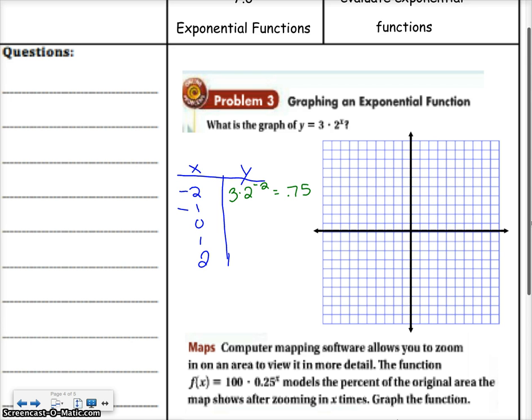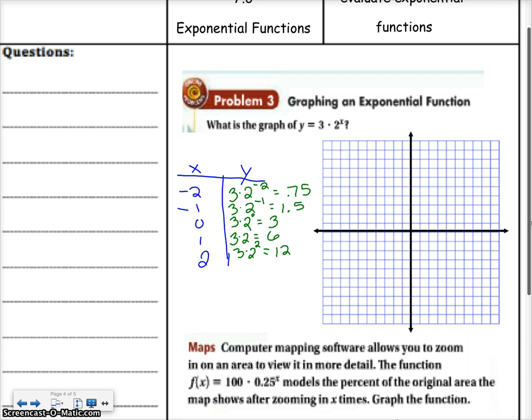The next one, 3 times 2 to the -1 is 1.5. 3 times 2 to the 0 is 3. Because I know 2 to the 0 is 1, so it would just be 3. 3 times 2 to the first is 6. 3 times 2 squared is 12.